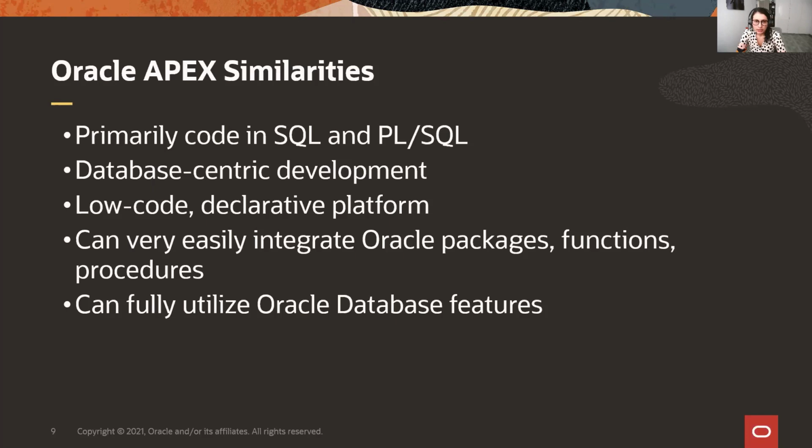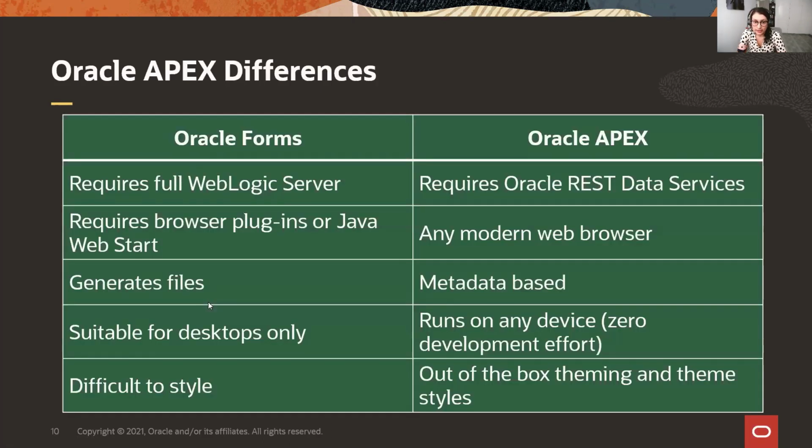And the last similarity is that Forms and Apex are built on top of Oracle database, and you can take advantage of native database features. Okay, now let's see the differences.